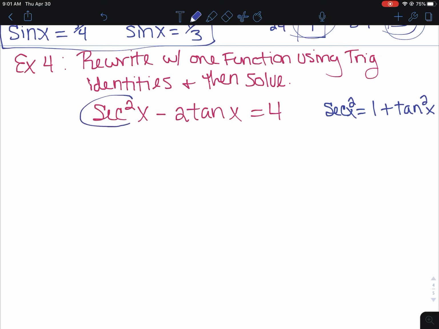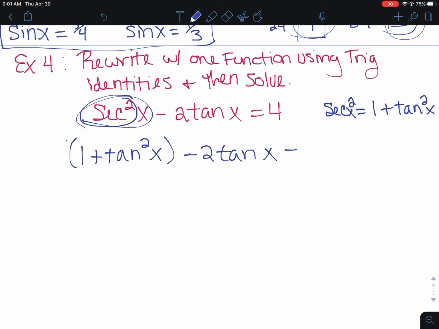All right. So what I can do here is replace secant squared x, that whole thing, with 1 plus tangent squared x minus 2 tangent x, and then I'll bring that 4 to the other side so it's all set equal to 0. So that is going to be the beginning here.